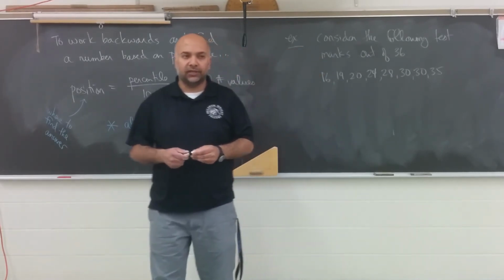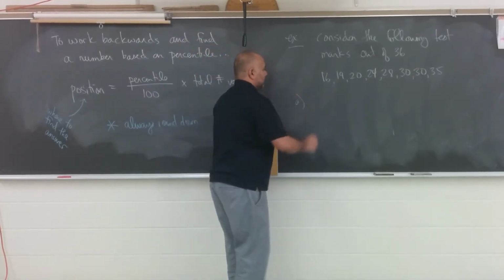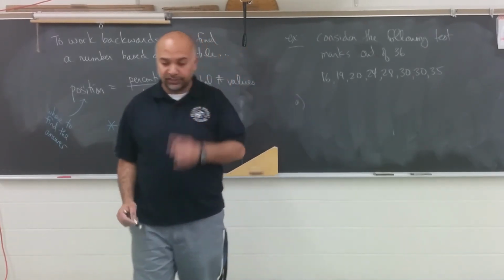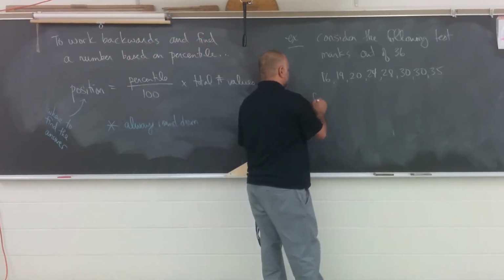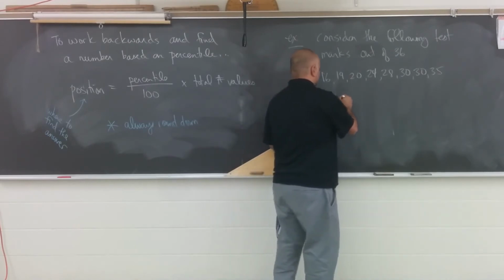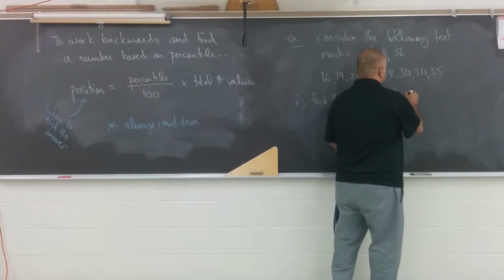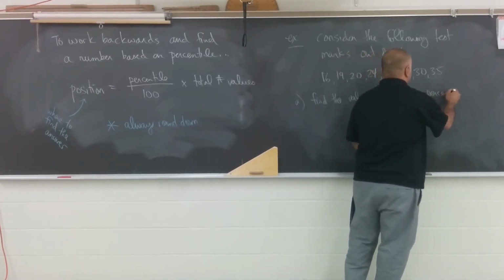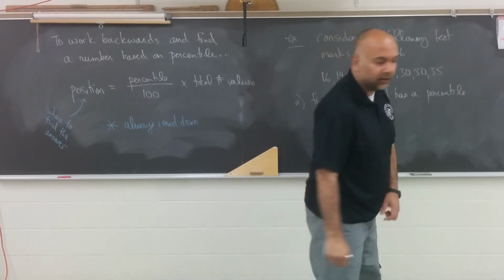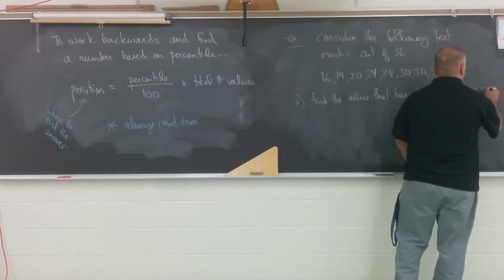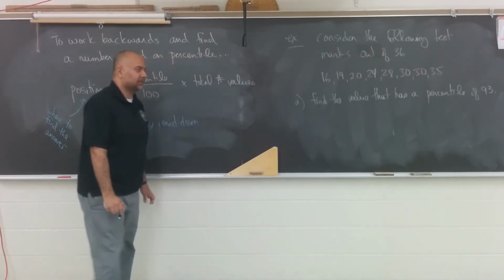You should have 8 numbers in your list. Just like the previous example, we'll do 2 examples here. Find the value that has a percentile of 93.